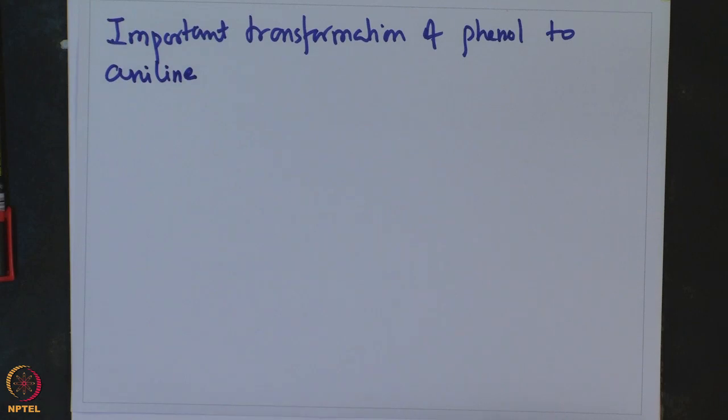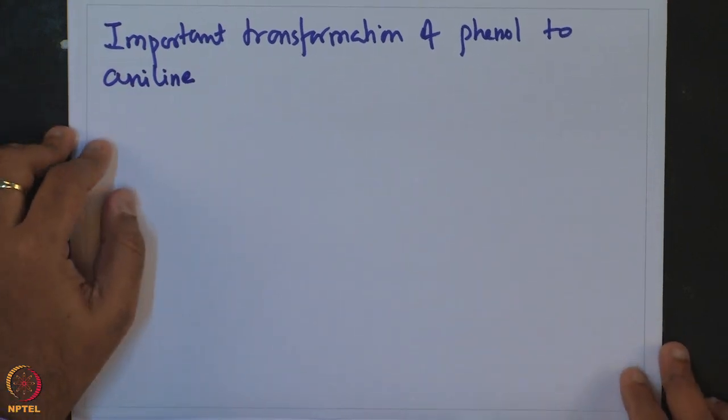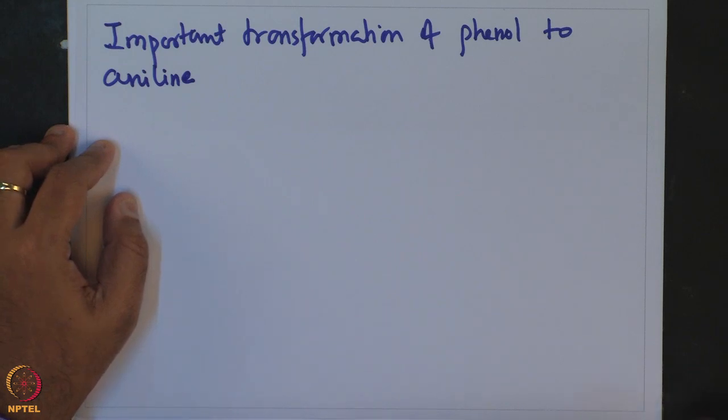This is a very utility driven transformation, and this is achieved by converting first phenol to triflates, and then through a sequence of reactions it is converted to aniline, and this is beautifully illustrated by the example which is shown over here.